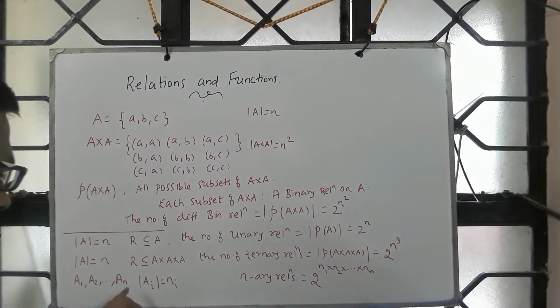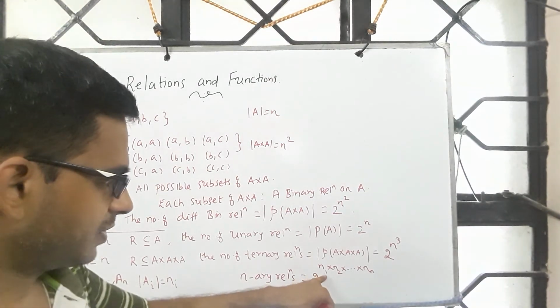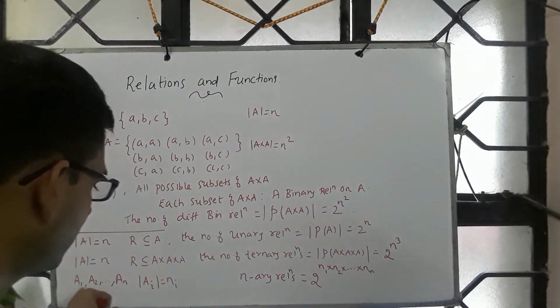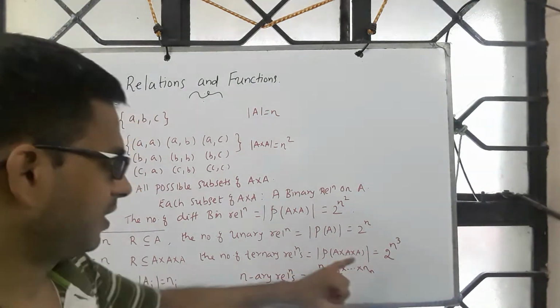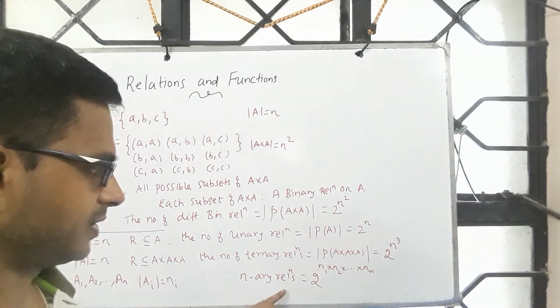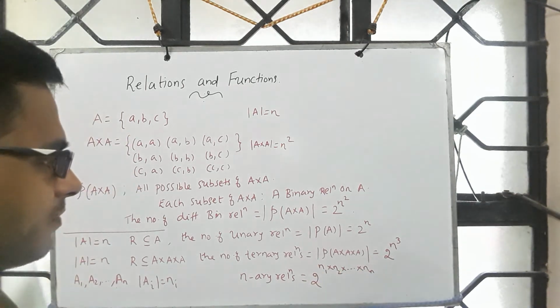There will be n sets. The size of the first set is n1, the second set is n2. So this many elements will be there in the cross product A1 cross A2, so on up to An, and all subsets of that you get to list all n-ary relations. That's precisely 2 power n1 into n2 and so on.